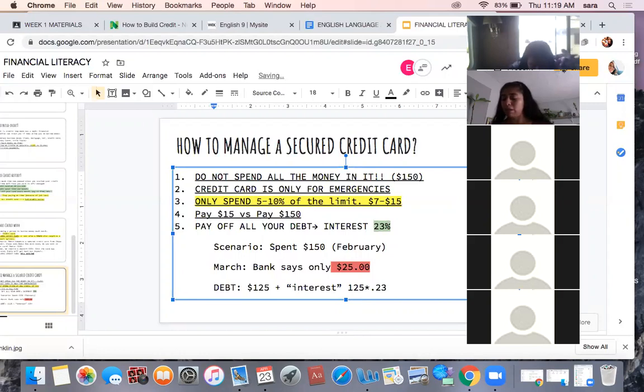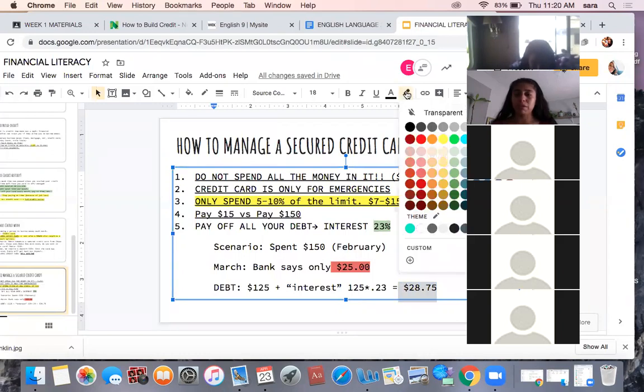Let me grab my calculator. So 125 times 0.23 is equal to 28.75. So this is Ruby's interest for the month.